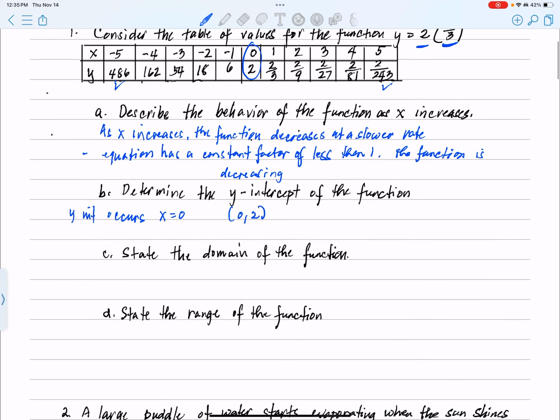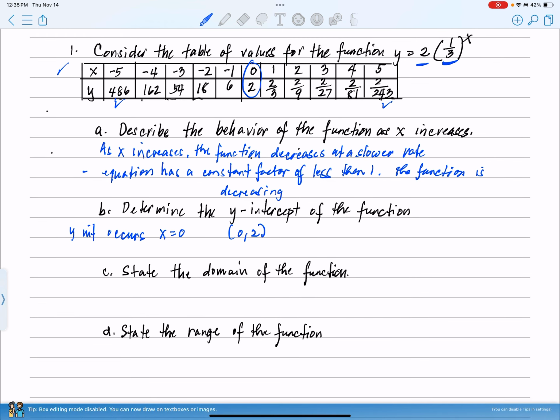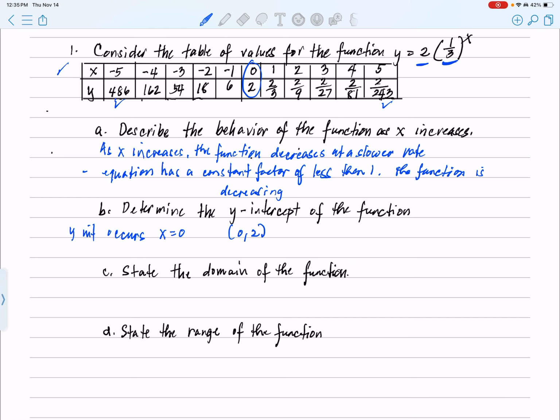State the domain. Domain refers to our x value. The domain is the complete set of possible values for x. Any number could be the x value for an exponential function. The graph extends indefinitely in both horizontal directions, whether to the right infinity or to the left infinity.